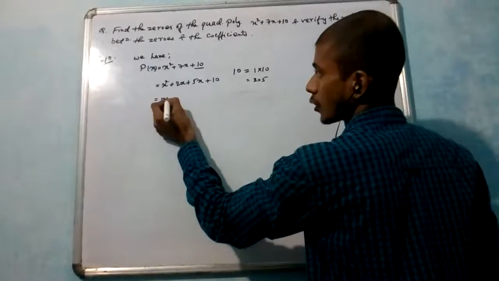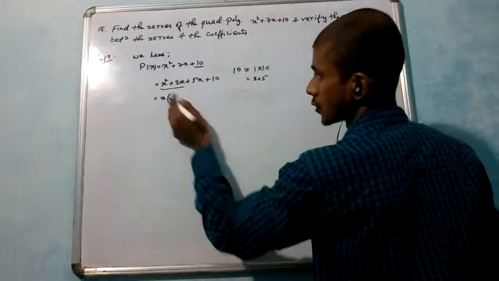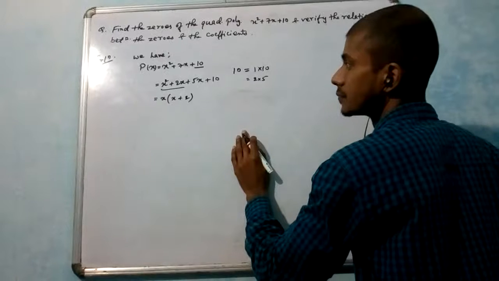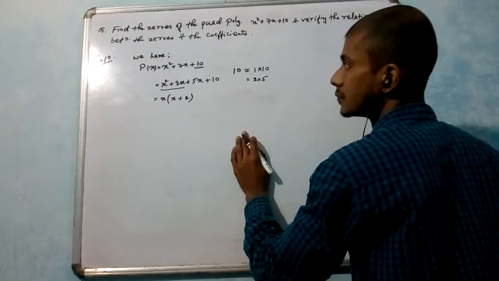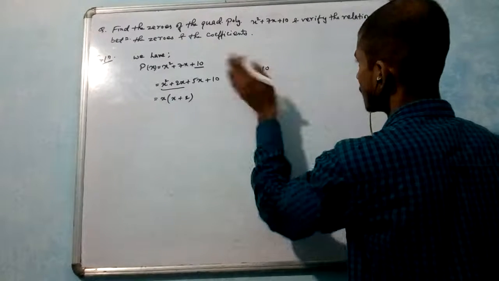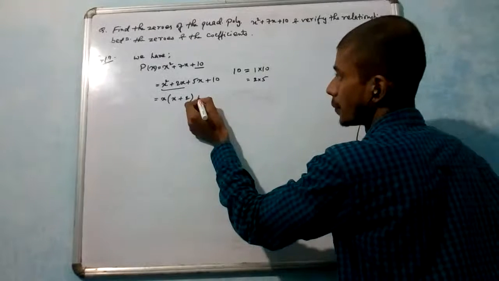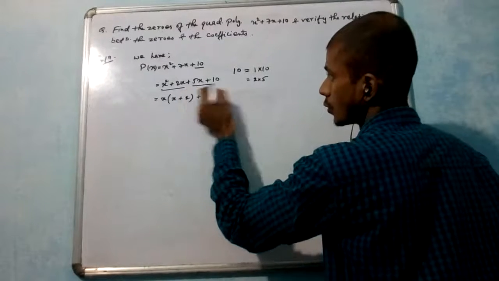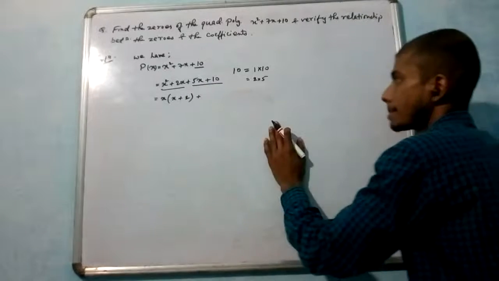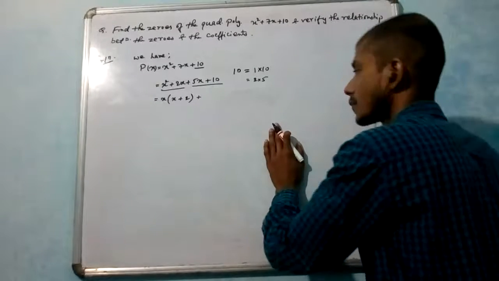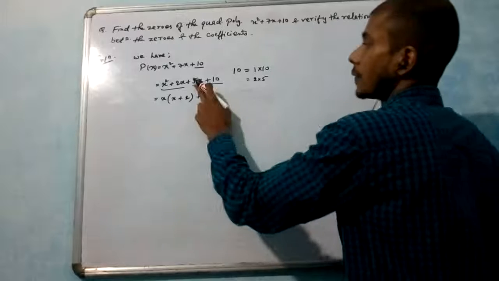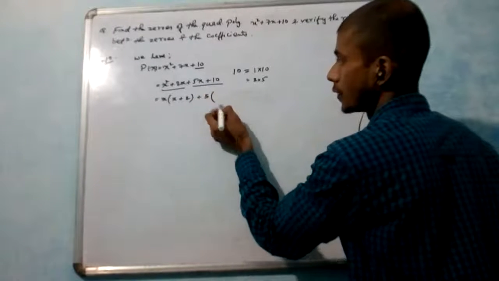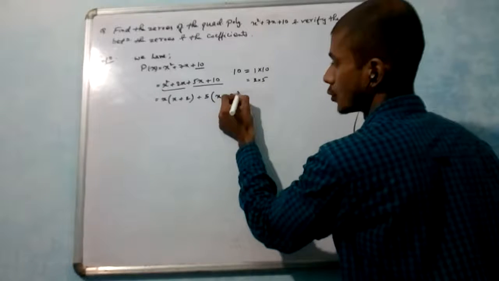Now what to do? Take the common terms out in this first case. So it will become x into x plus 2. Then in these terms, what is common? 5 is common in both. So 5 we will take out, so 5 into x plus 2.